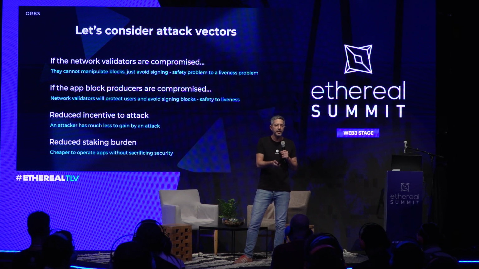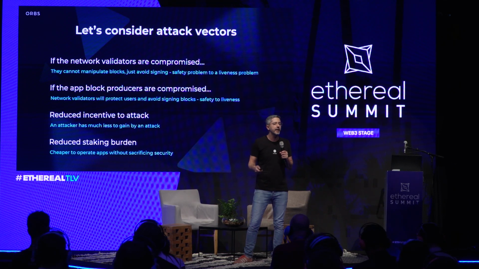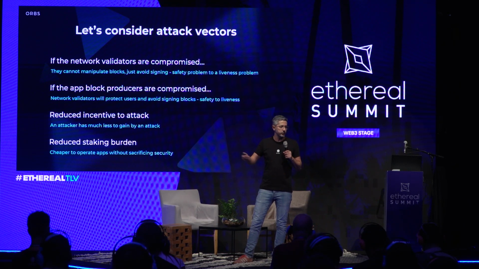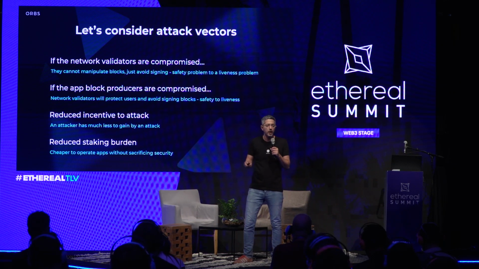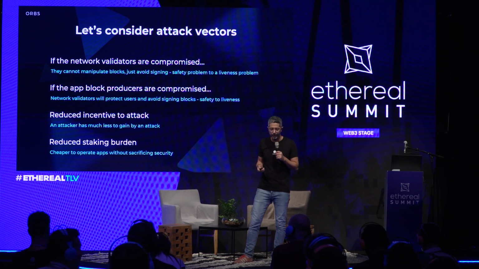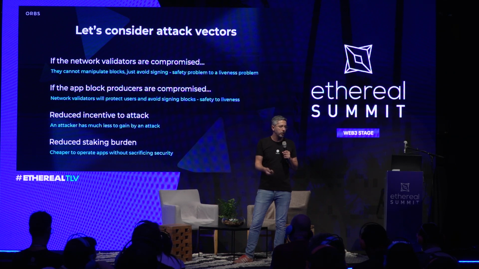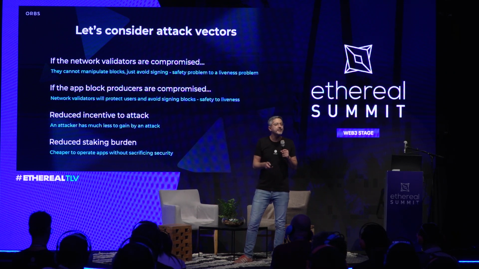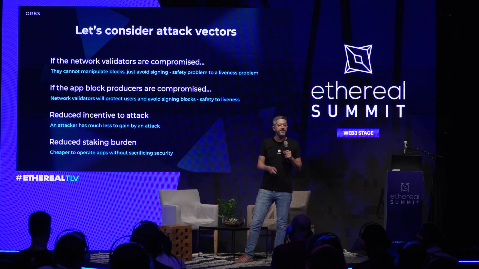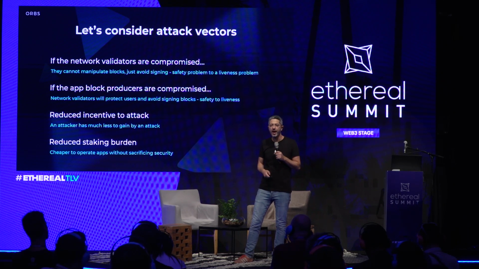Why? Because the admin in Uber does not have access to them. They're owned by multiple different entities, and you have to hack each and every one of them to have the same degree of attack. So they could protect the users and not sign the corrupt blocks. Once again, we took a problem of safety and changed it into a problem of liveness.